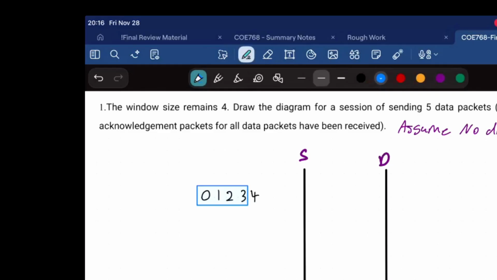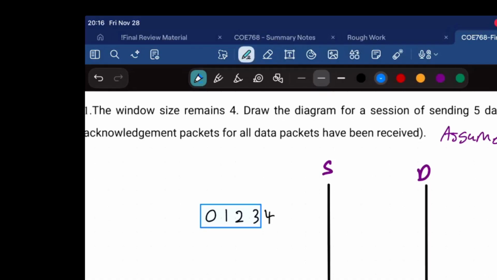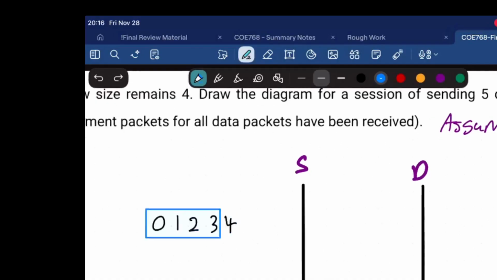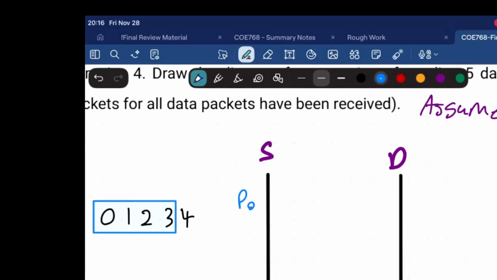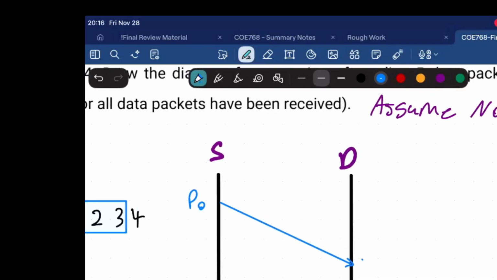Starting with packet 0, because that is what needs to be sent first. We have packet 0 lined up to transmit data over to destination. There are no disruptions. It sends the packet clearly. Here on the destination side, we get this P0 received.